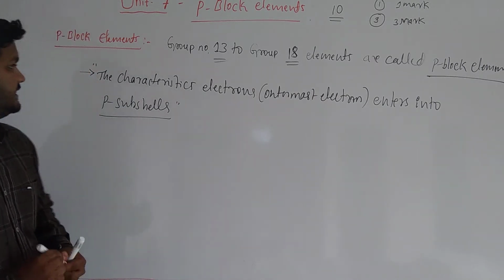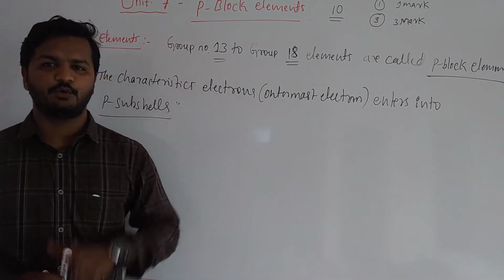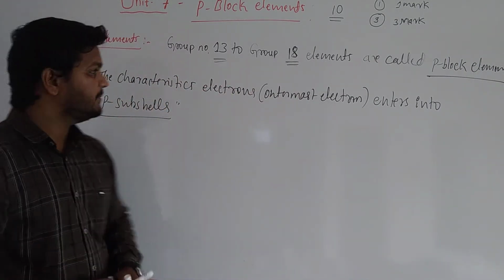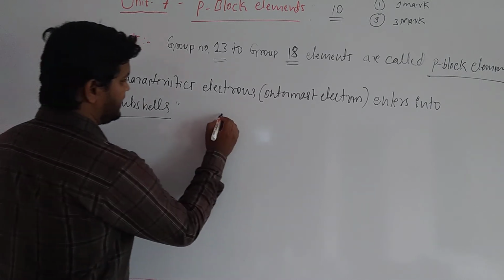Here, students, the characteristic electron, nothing but the outermost electron, enters into the p subshell. Example: carbon.